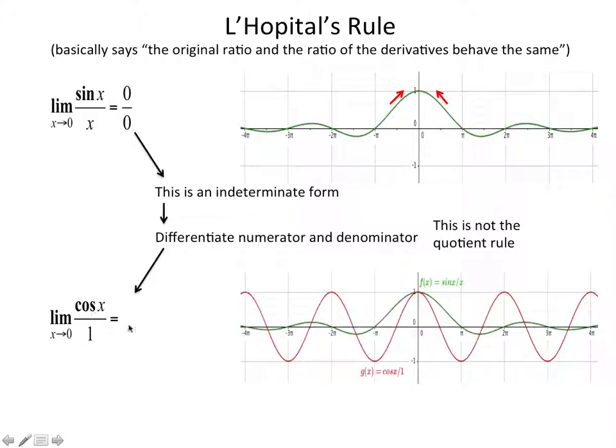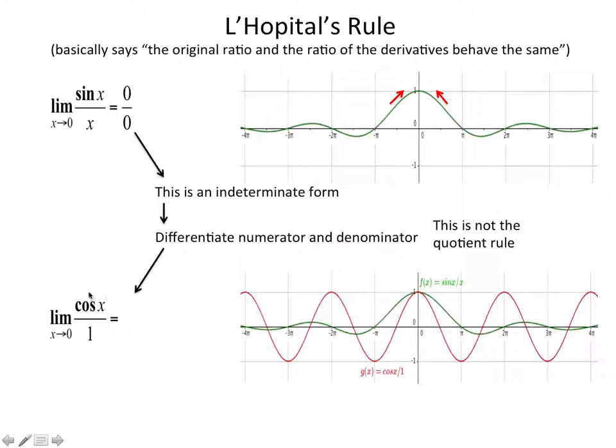So if we superimpose cosine of x over our sine of x divided by x, we see that as we approach 0, the two expressions approach the same value. And that's what L'Hopital says. L'Hopital says that if we have an indeterminate form, we can differentiate, and the derivative will approach the same value as the original function.